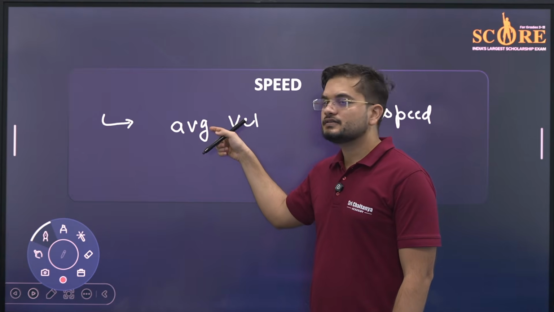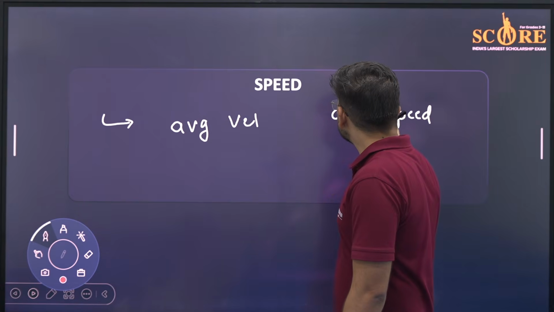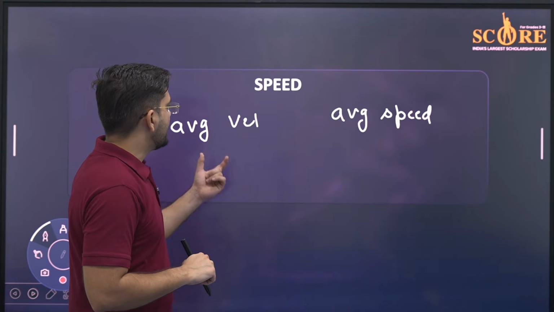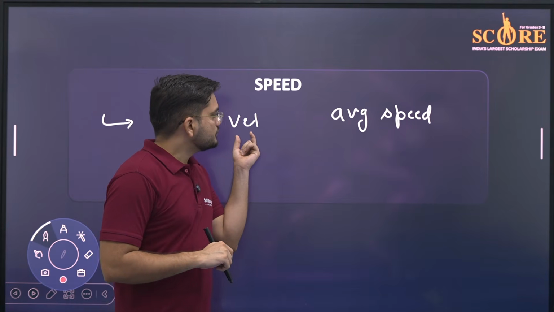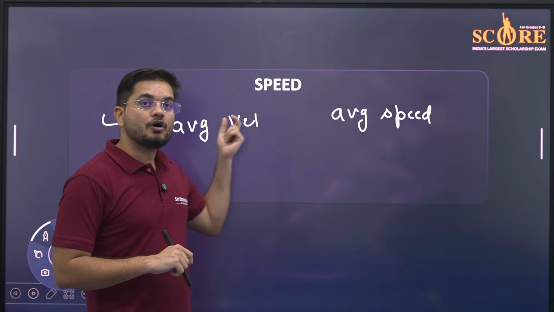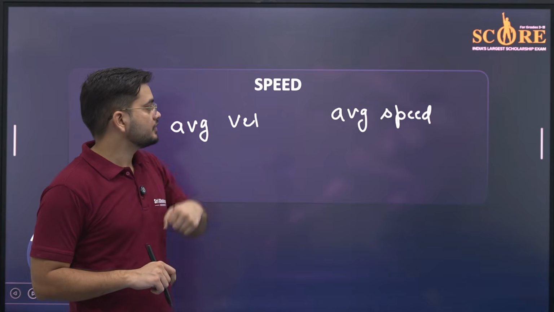Average velocity is displacement vector divided by time interval, and average speed is distance traveled divided by time interval. Distance traveled is always greater than or equal to the magnitude of the displacement vector.